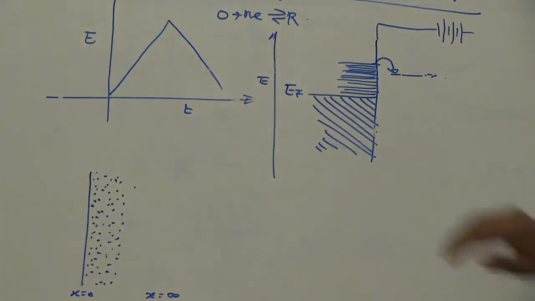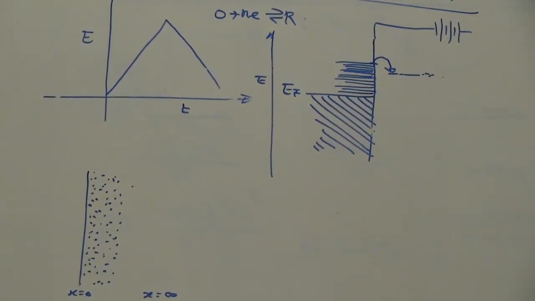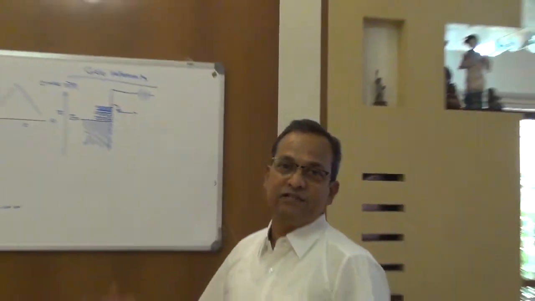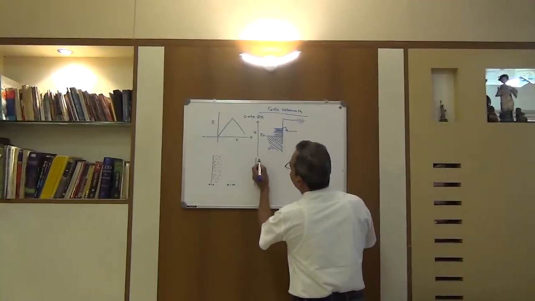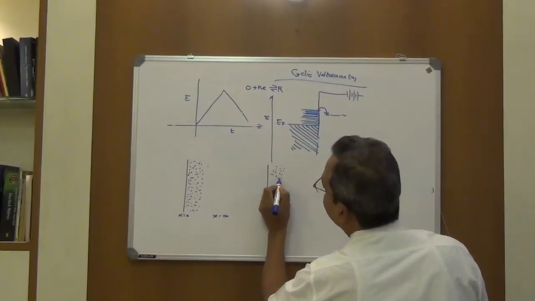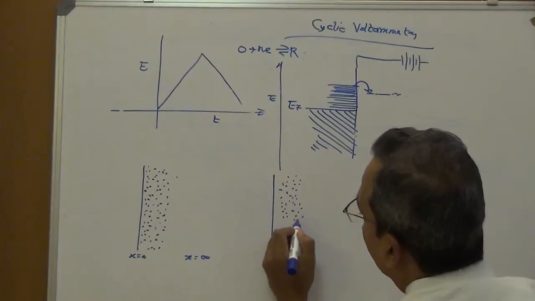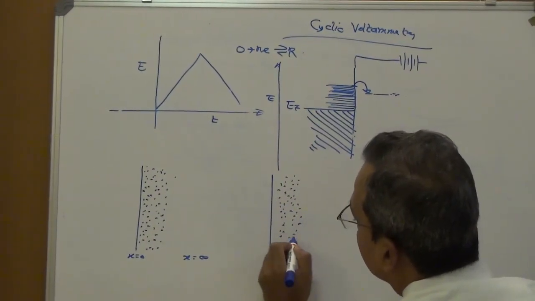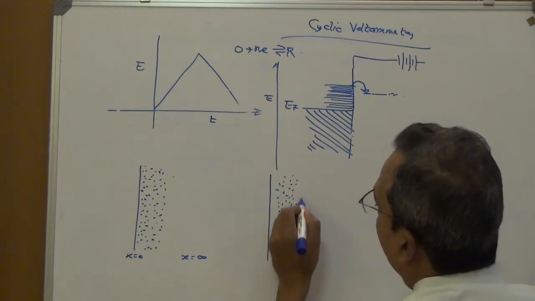But once the potential is higher than the redox potential, the redox reaction will occur and O will get converted into R, so the concentration of O will decrease near the electrode-electrolyte interface. There will be less O available near the electrode surface because some of the O is getting converted into R.